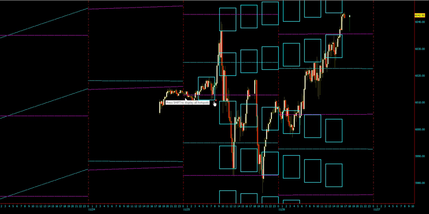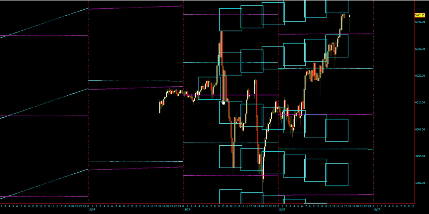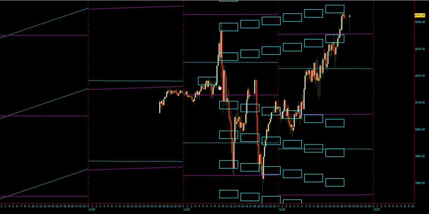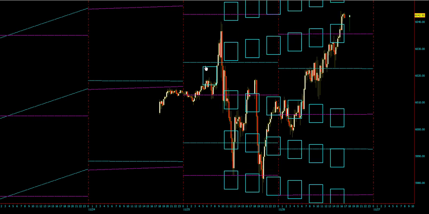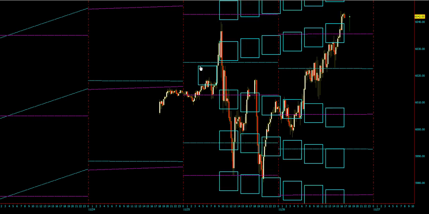Now, since we are on it, remember we talked about a few things here. One is the big bar. So this is our first initiative big bar, isn't it?